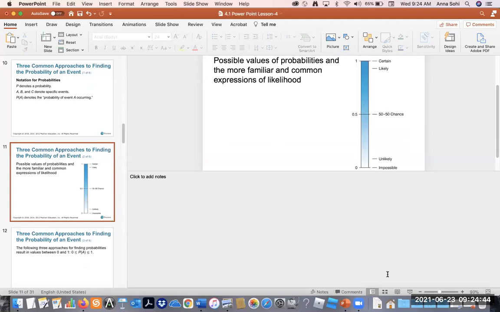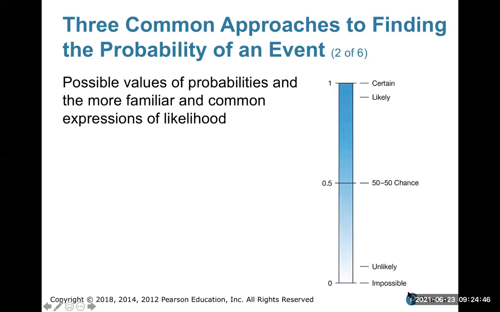So I want you to look at this graph. Let me make it bigger. I'll give you a minute. Just look at this one. On this side you have probability, and this is impossible, unlikely, chances of 50-50, likely, certain. So look at this one and see if that makes sense.